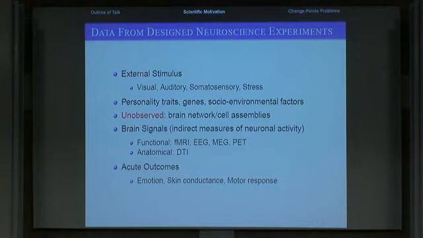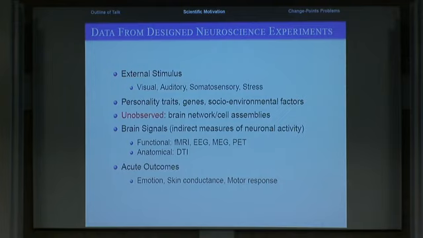One of them might be visual, you might see a flashing checkerboard, or auditory, where you would hear clicks throughout the experiment and so on. Ivor talked about the stress type of external stimulus. And of course, we might have some other types of data: personality traits, genetic, social, environmental factors might be there.